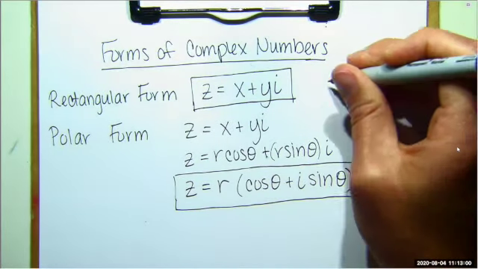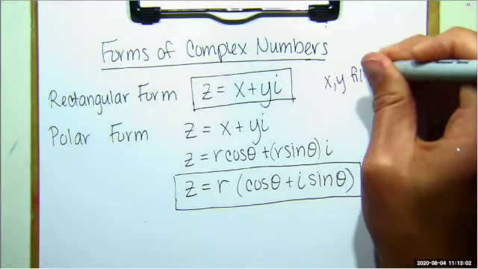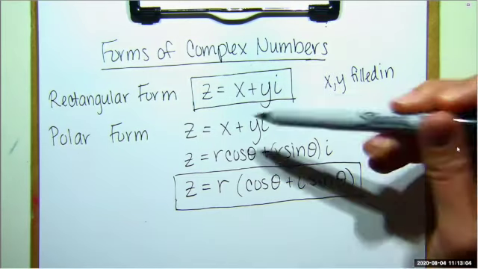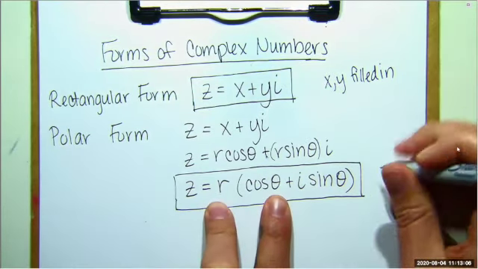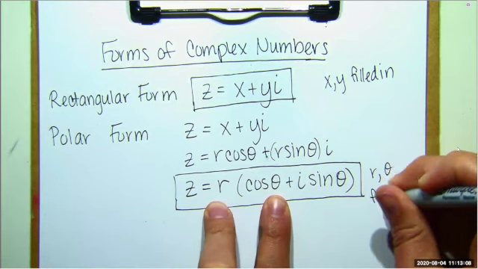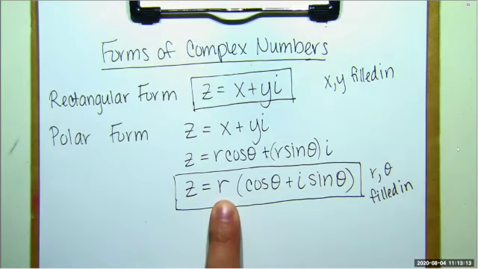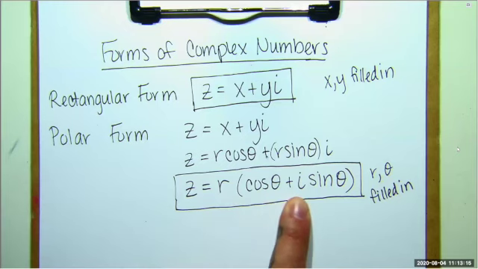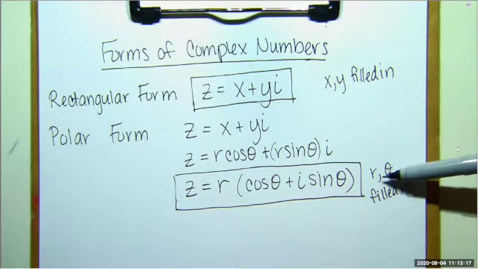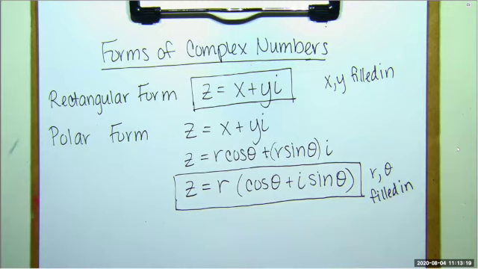In rectangular form, we have x and y filled in, meaning we might see 2 plus 3i. In polar form, we have r and theta filled in. So we might see something like z is equal to 2 times cosine of pi over 4 plus i sine of pi over 4.